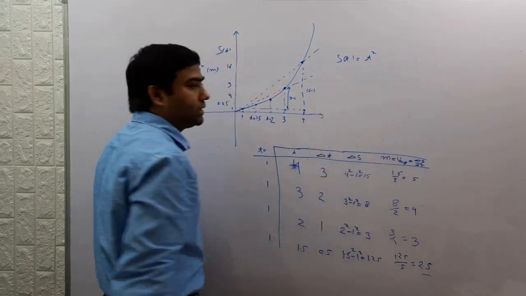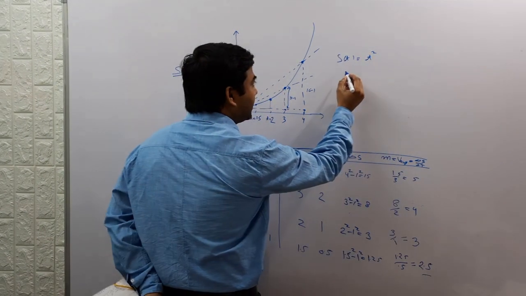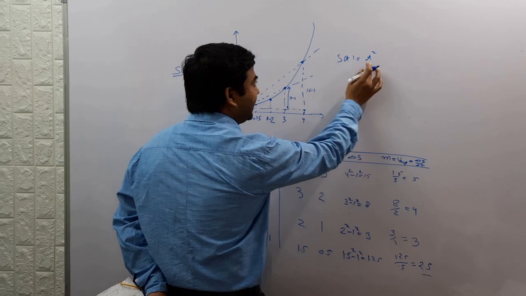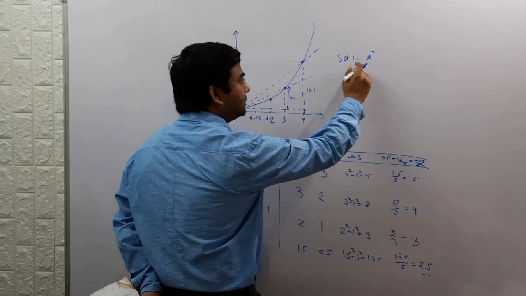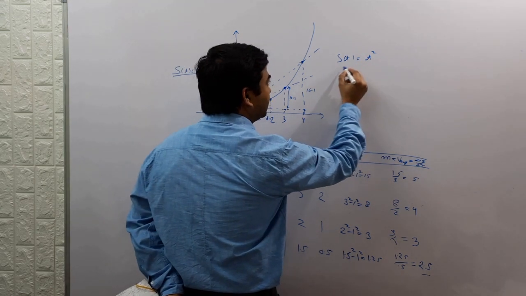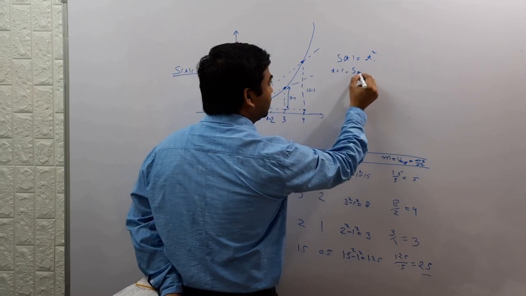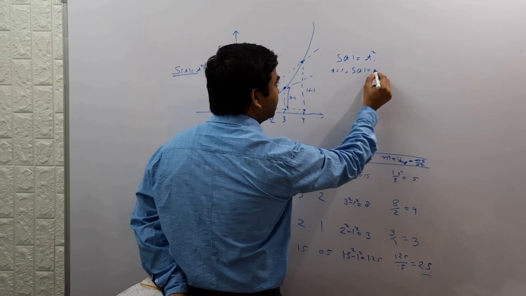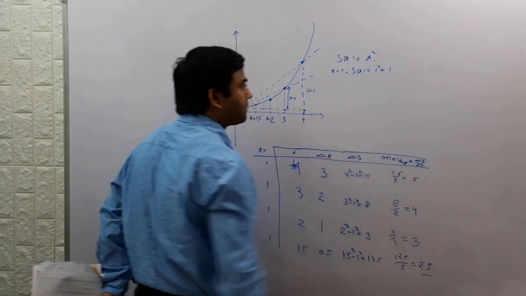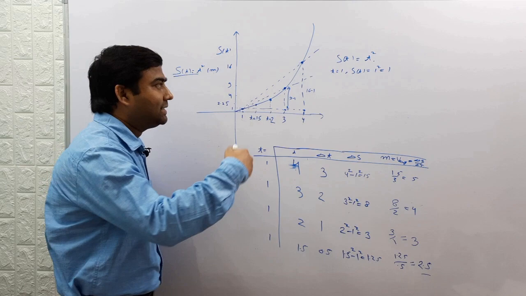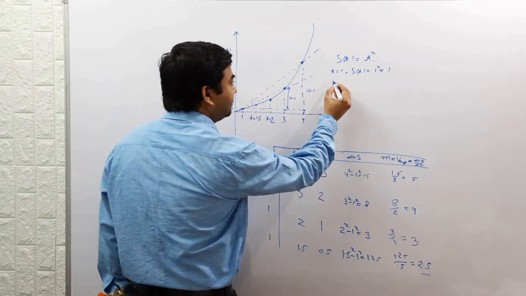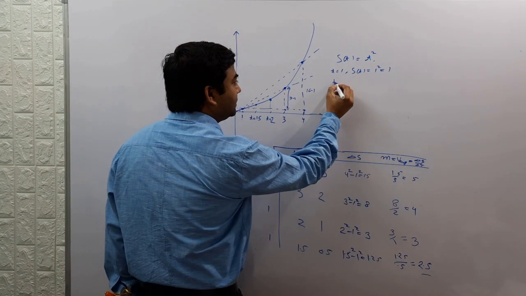As s(t) is t square. So let us take time t equal to 1. At t is equal to 1, displacement is 1 square is equal to 1. Let us increase time by very small fraction.